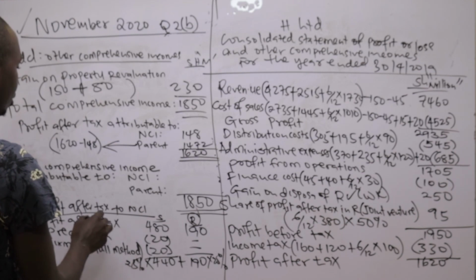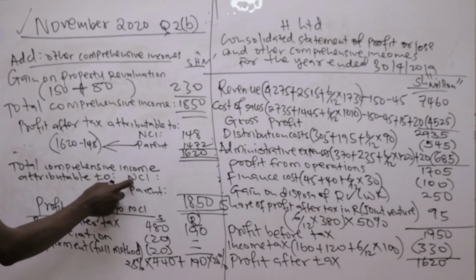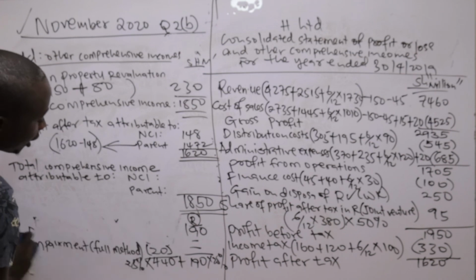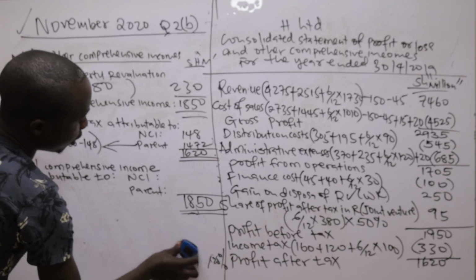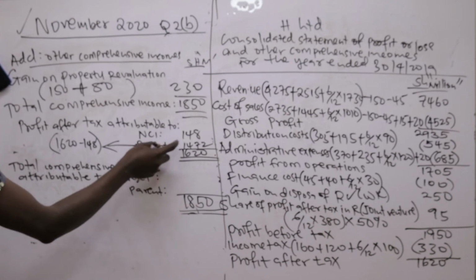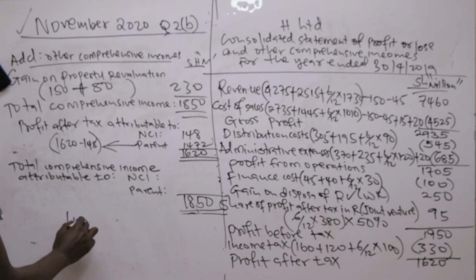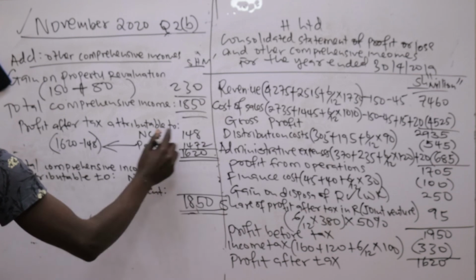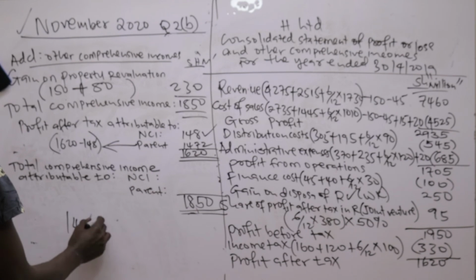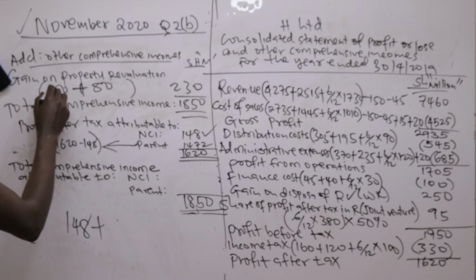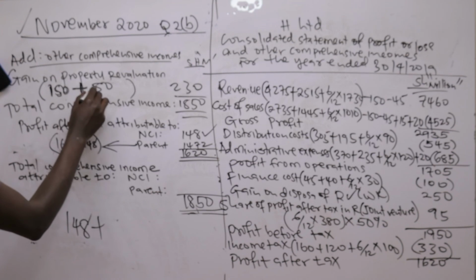Then now to get the total comprehensive income, the profit attributable to the NCI based on the total comprehensive income, what we do, we take this 148, the one which was attributable to the NCI based on the profit after tax, plus, remember we have a revaluation here, 150 and 80.